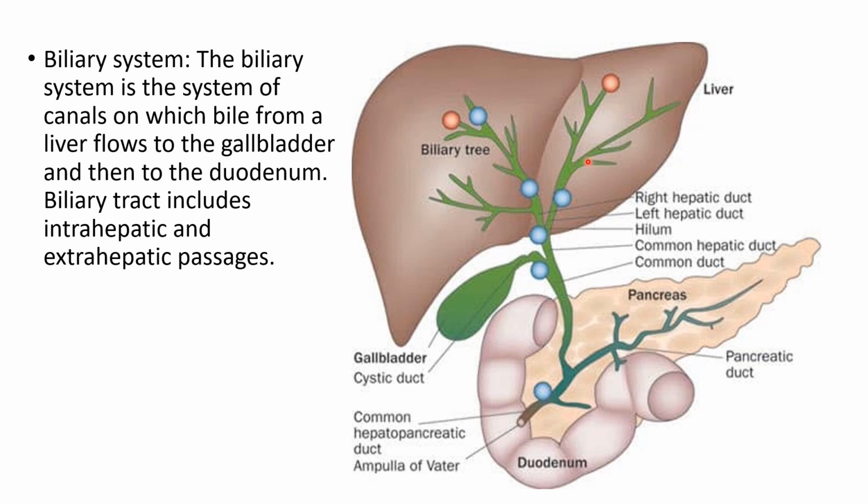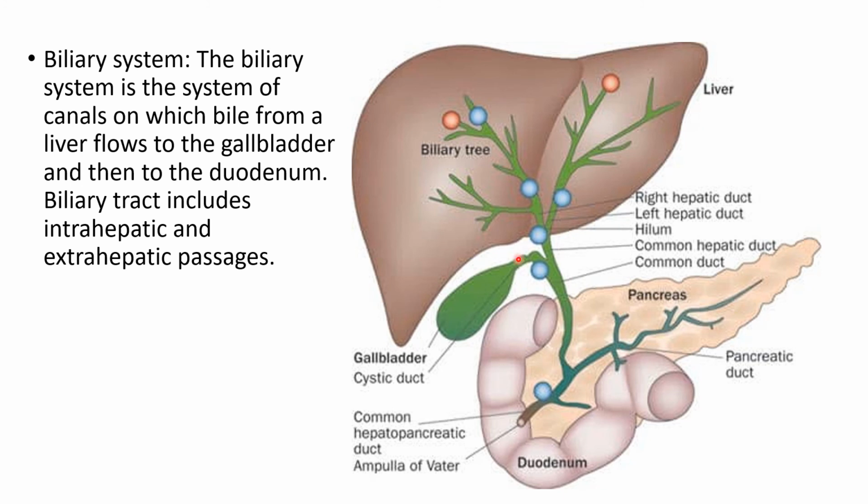You can see here there are many biliary branches, canals. All of them come together to form a single duct called the common hepatic duct. There is a left branch and a right branch. The right hepatic duct brings the bile from the right part of the liver, and the left hepatic duct brings the bile and other plasma proteins from the left part of the liver.